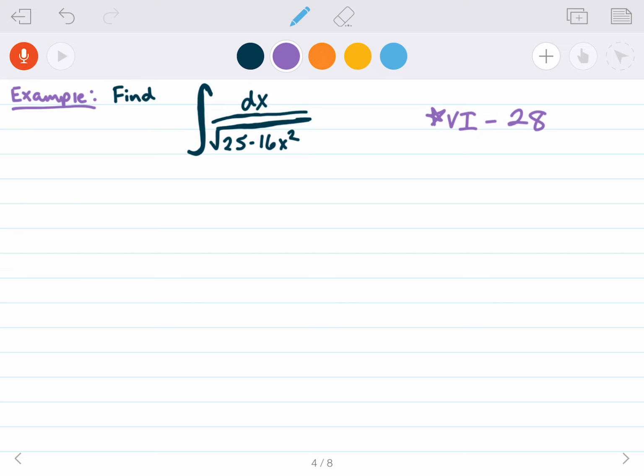Well, let's look at what 28 says. 28 says the following. It says the integral of 1 over the square root of a squared minus x squared dx is equal to inverse sine or arc sine of x over a plus c. Okay, so that's number 28.